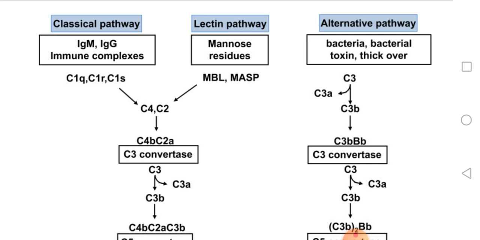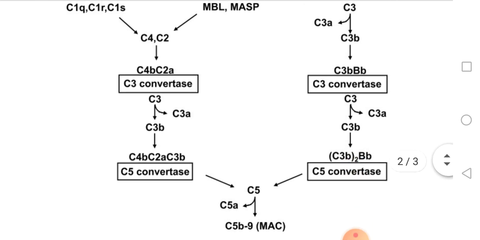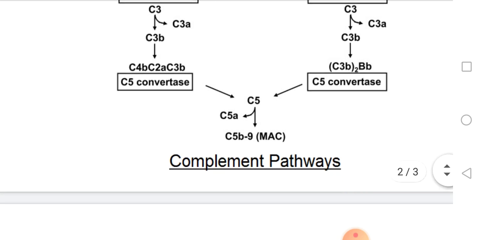This immune complex will lead to activation of complement protein C1, and there will be a sequence of events in a cascade pattern activating C2, C4, then activation of C3, C5, and after that there will be addition of complement proteins until complement protein number 9, forming a large complex which is MAC, the membrane attack complex.